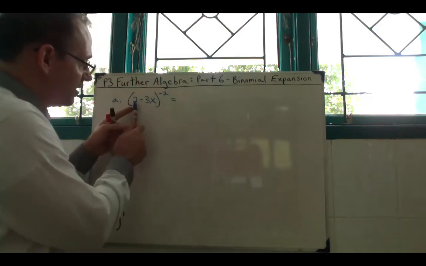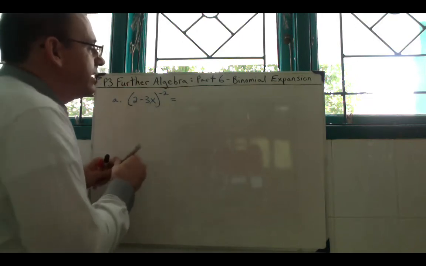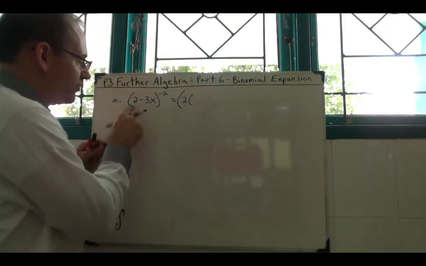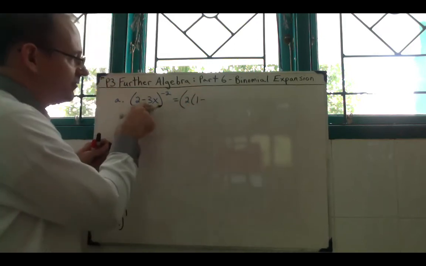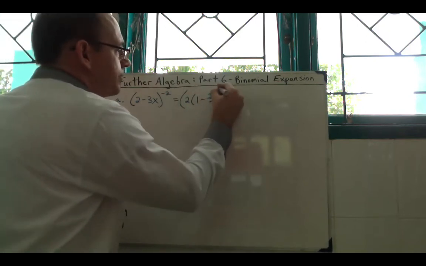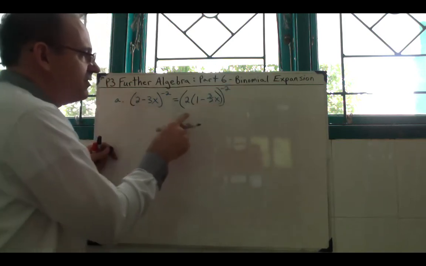So since the number is already in front, we're just going to divide it out, factor it out. So this is going to become 2. We're factoring it out. So 2 divided by 2 is 1 minus, and when we divide this by 2, we get 3 halves x. And then the negative 2 is on the outside. So we factored the inside.